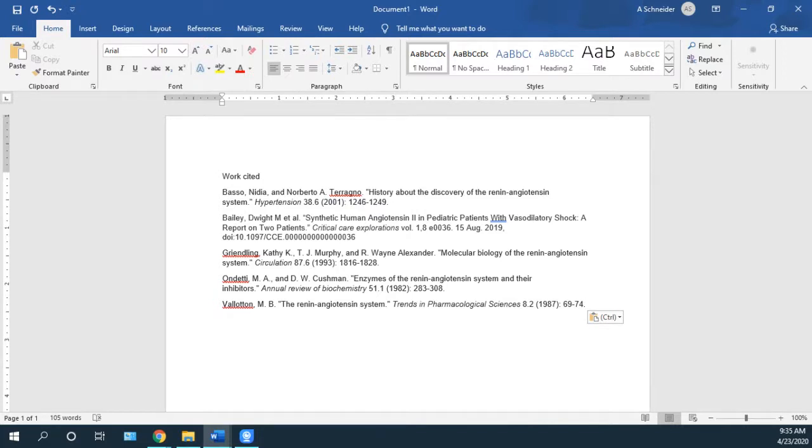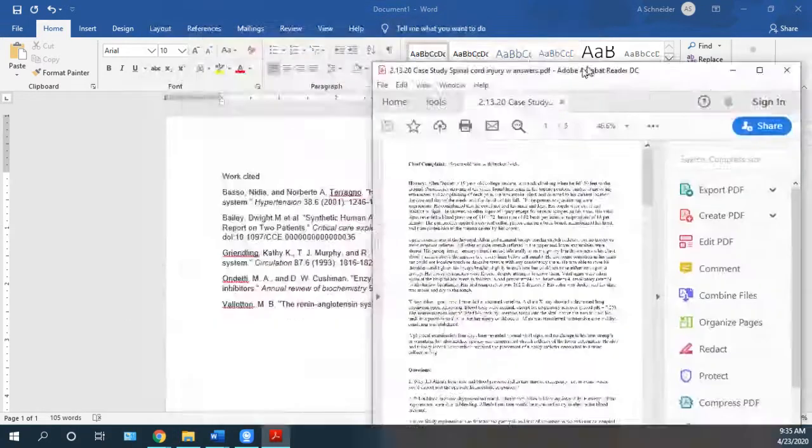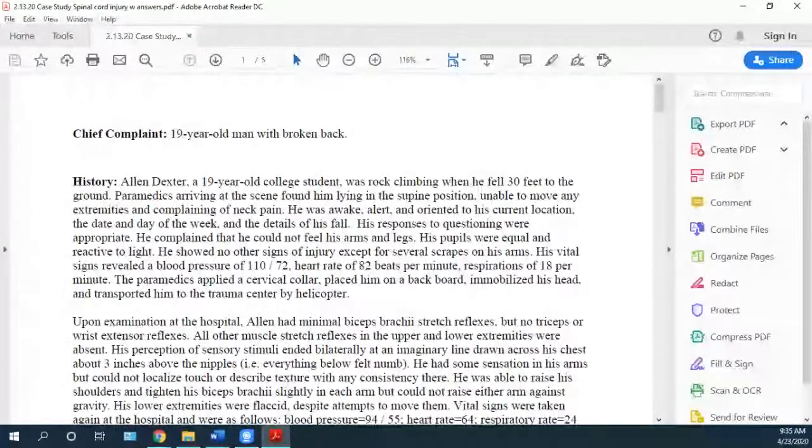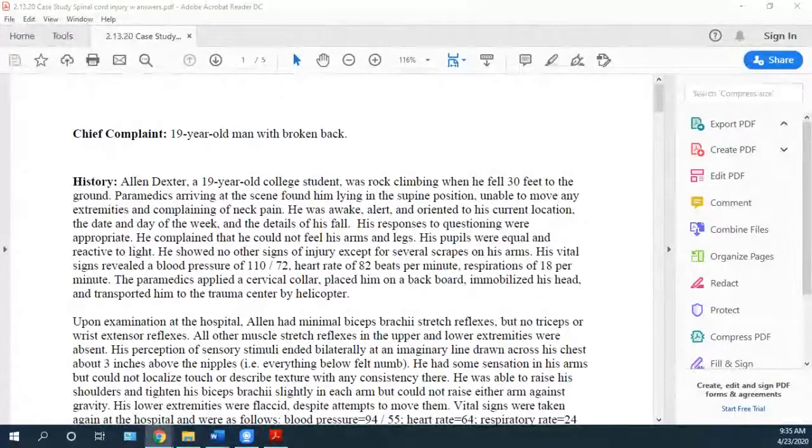I also wanted to show you the case study. I posted an example of our case study with the spinal cord to D2L this morning, and it looks like this. One second.